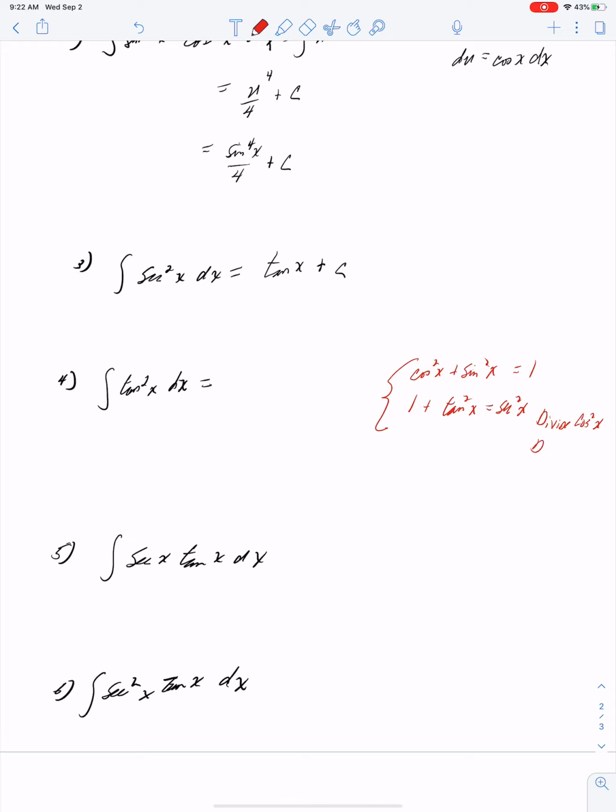By the way, I could take the top one and divide by sine squared x, and I get cotangent squared x, add 1 is equal to cosecant squared x.